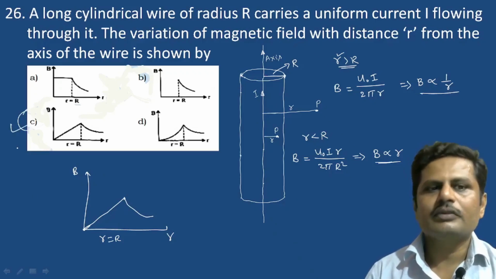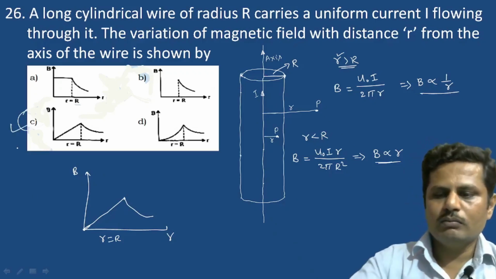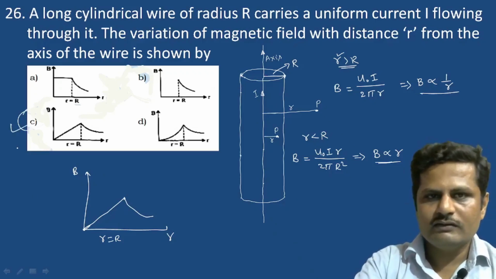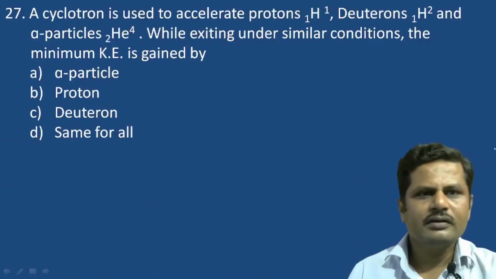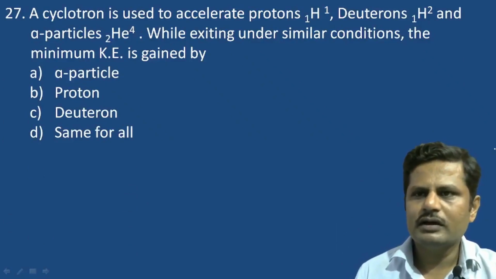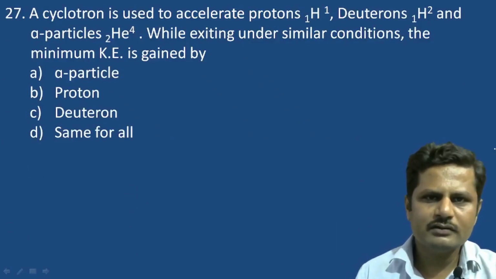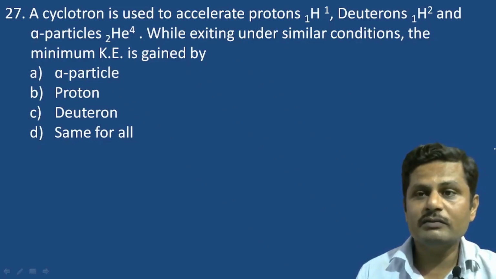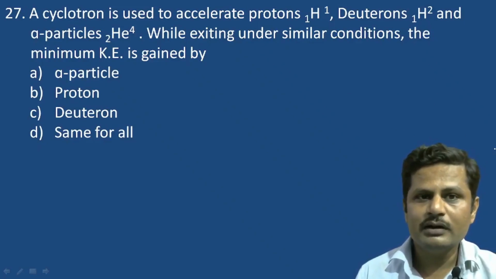Okay, let me move to the next question. That is, a cyclotron is used to accelerate protons, deuterons and alpha particles, that is helium, while operating under similar conditions. The minimum kinetic energy is gained by which?